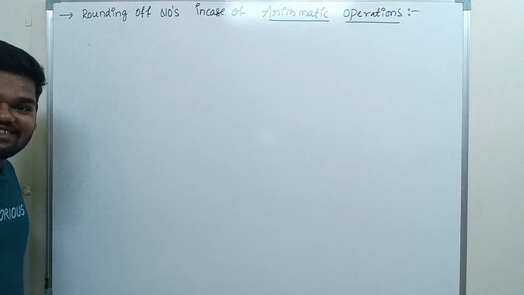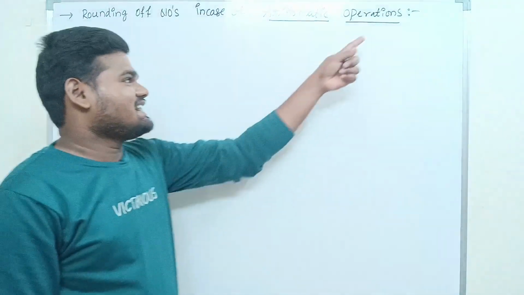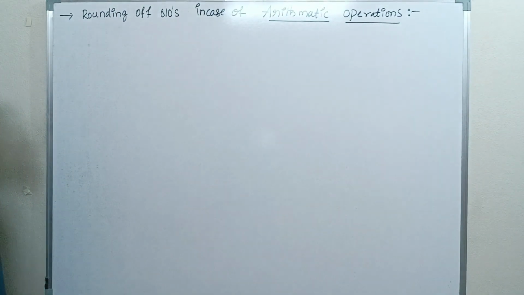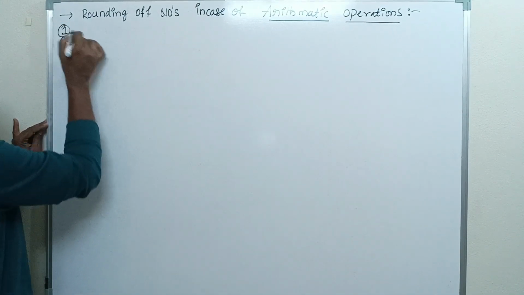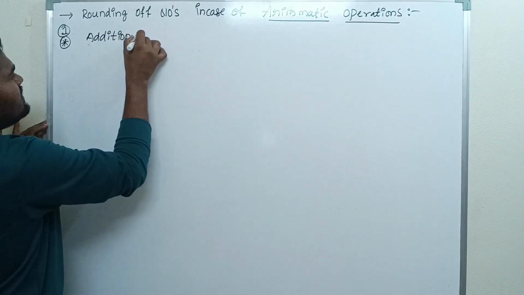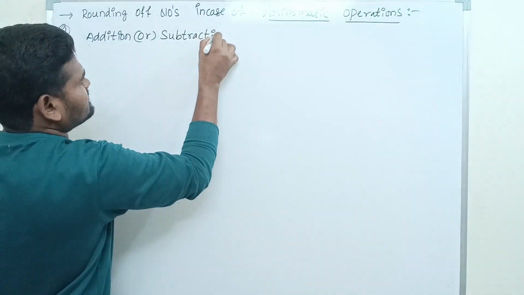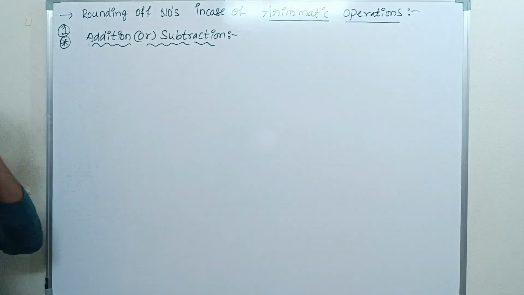What is the meaning of operation? Take the scissors and cutting, sir. Not that operation. Operation means an arithmetic operation: multiplication, division, addition, subtraction. Is it clear? Right. So in the first case, in case of addition or subtraction, how do we round up the resultant?